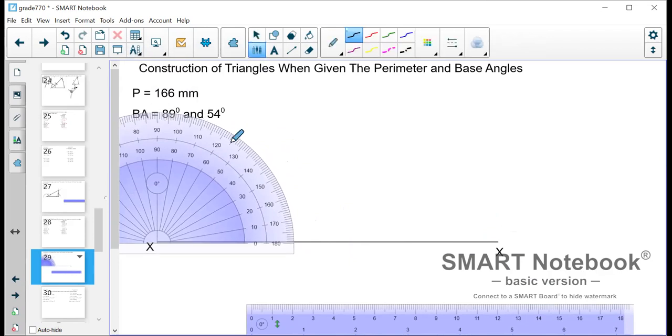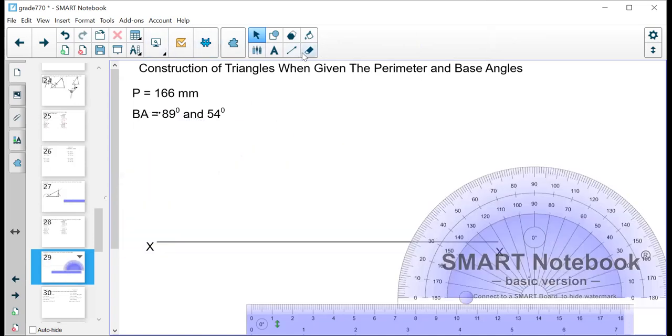And of course, we know we have 80 here, and then 9, which is 1 away from 90. So we mark that point here.